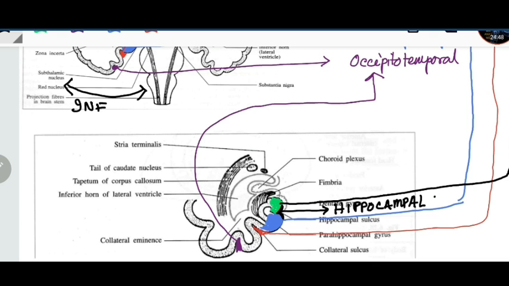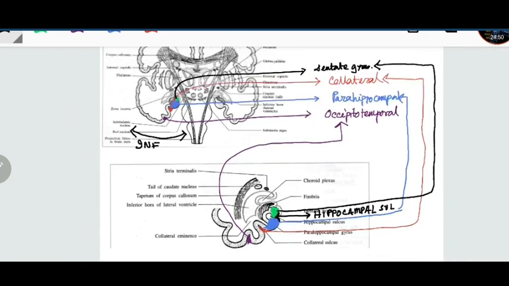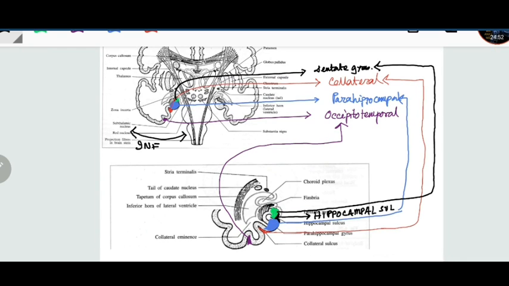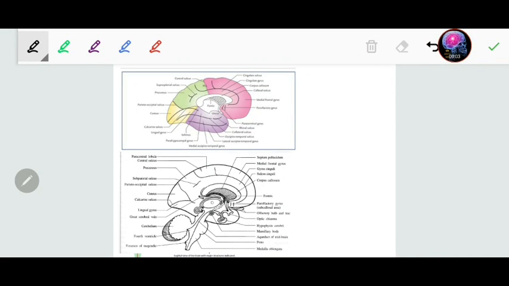So this is a brief review of the inferior surface of the brain. Let's discuss the medial surface of the cerebral hemisphere. The presence of the corpus callosum is the most conspicuous feature on the medial surface of the cerebral hemisphere.